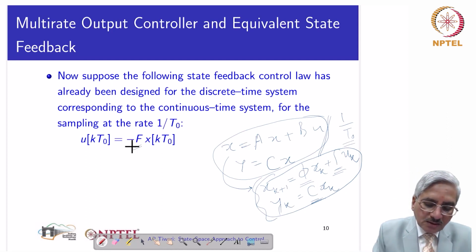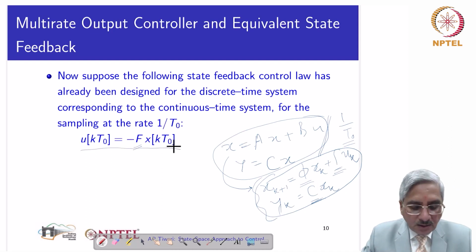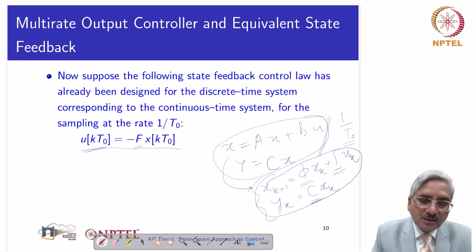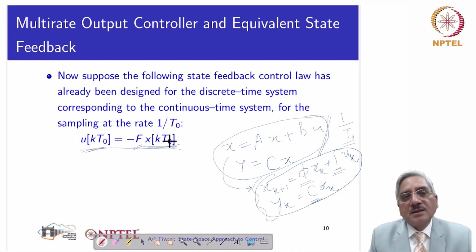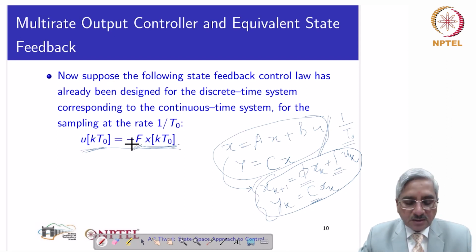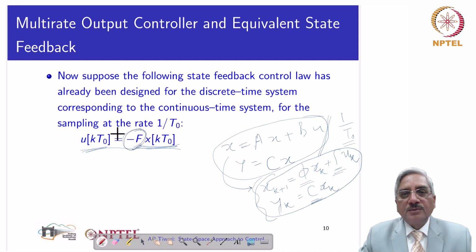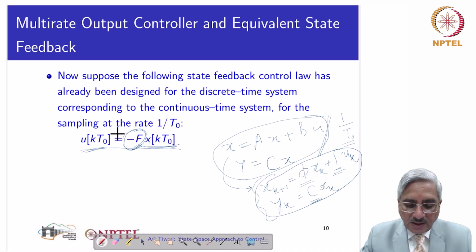We have the knowledge of F in this control law. The input at different sampling instants is a linear combination of states through these elements of matrix F. So we assume that F has been made available, we have designed F.